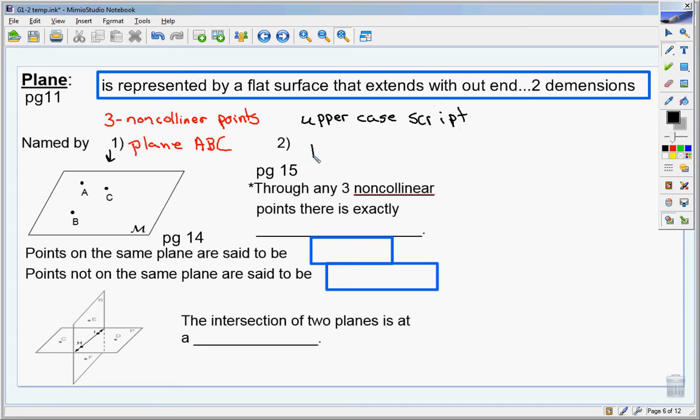So I could say, in this case, plane M, because you can see they've put that uppercase script M there in the corner.